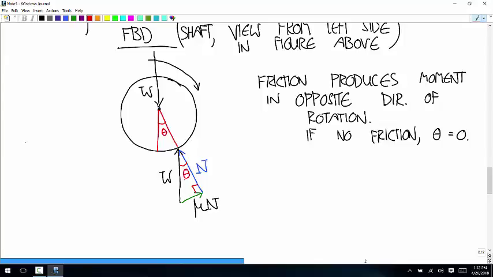So we're trying to figure out this distance from here to here. I'm going to call that rho. And this is what we want to find. I'm calling that rho because that's the moment arm.